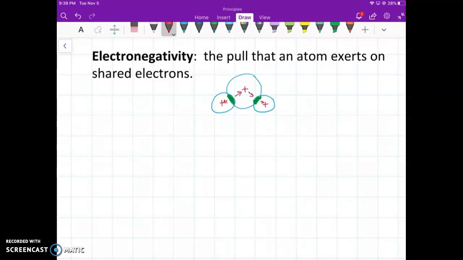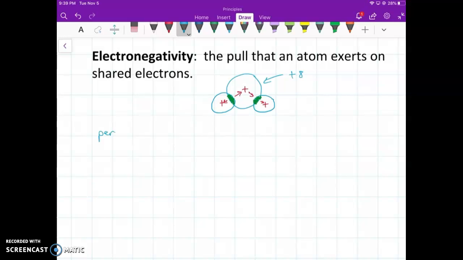Therefore, if you have a pretty small atom that still has a pretty positive nucleus, like oxygen, right? So oxygen is a +8 nucleus, and it's still a pretty small atom because it only has 2 energy levels. Oxygen is going to have a really high electronegativity.